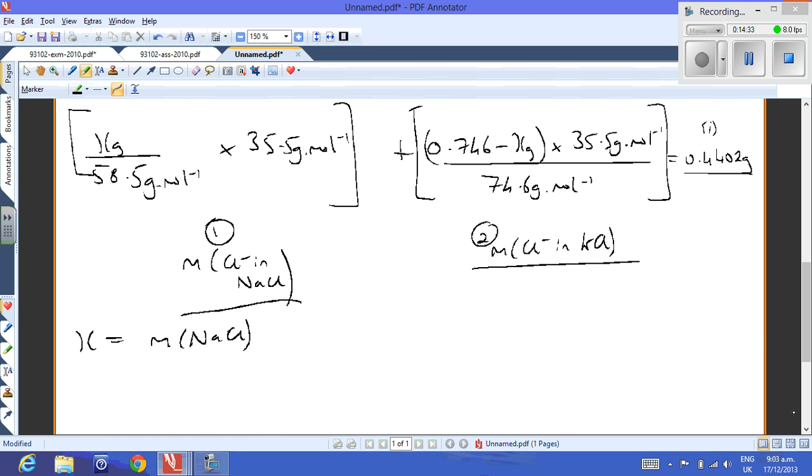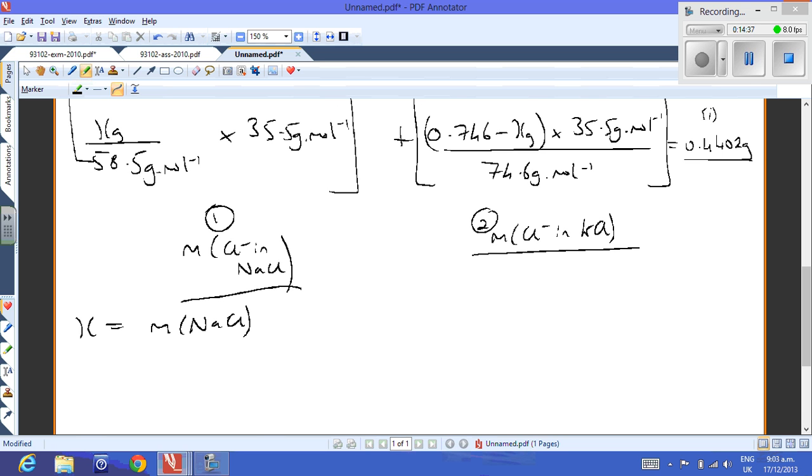So we need to do a little bit of algebraic manipulation here. And what we do is if we just multiply everything by 35.5 there and everything by 35.5 here, then the expression becomes 35.5x over 58.5. The units there can cancel with each other, by the way.